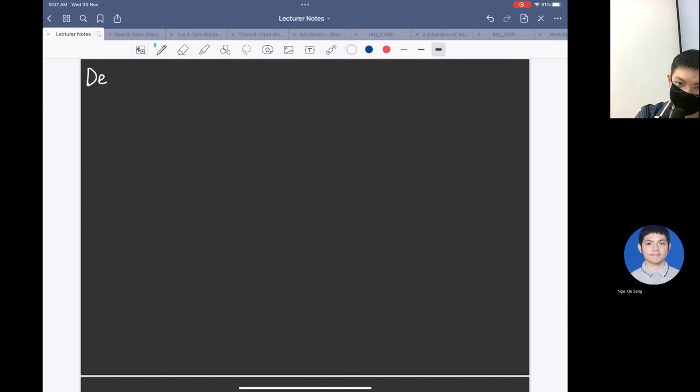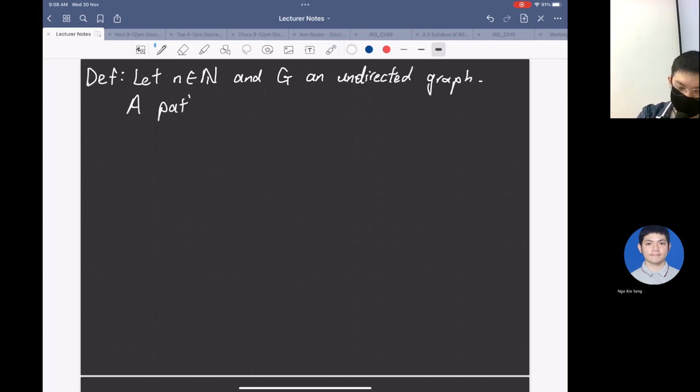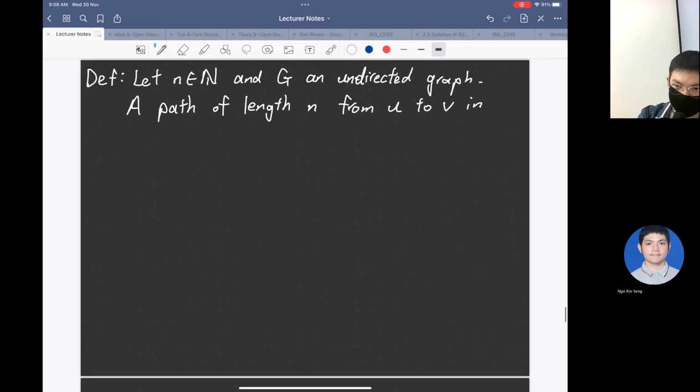So first we will define the path. A path on the graph. Let's start with an undirected graph again. A path of length n from one vertex u to another vertex v is a sequence of edges.